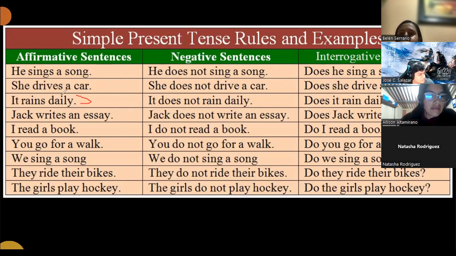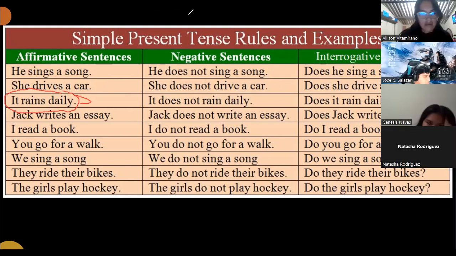Very good. ¿Qué significa it rains daily? What do you think this means? What is the meaning of rain? What is rain? Lluvia. Yeah, very good. Entonces, it rains significa llueve diariamente. Diario. Yeah, o a diario. Very good. It rains daily.